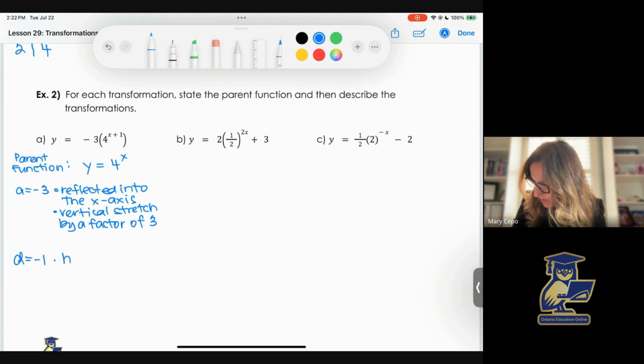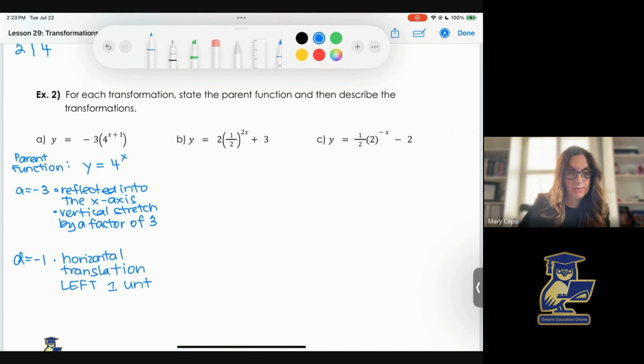So we have a horizontal translation left, you tell me the direction, 1 unit. And how many units? Okay, that's it. There's no c, so there's nothing to describe.